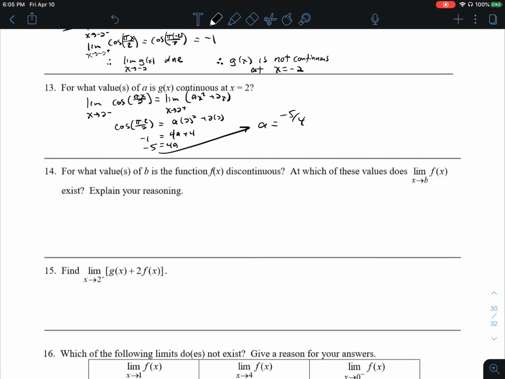14. For what values of b is the function f discontinuous? Which of these values does the limit of f of x as x approaches b exist?